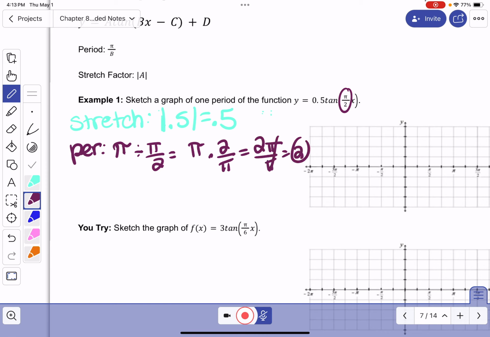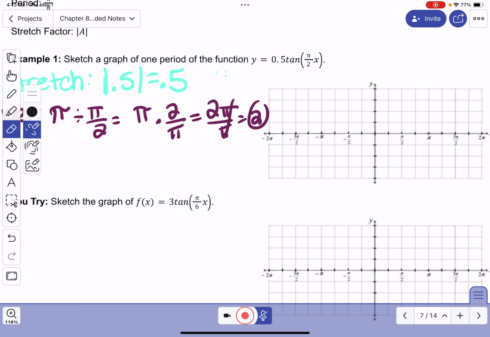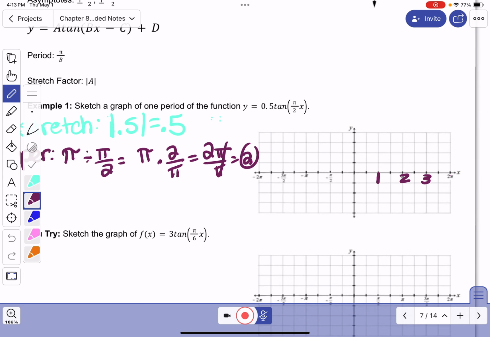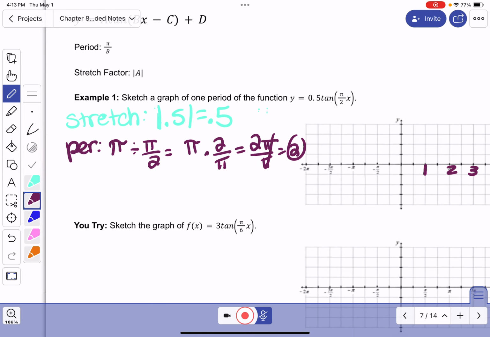or 2. So since our period's 2, I'm going to change our numbers. So I'm going to go 1, 2, 3, 4, like that. The way the period works for tangent is you're going to divide that in half. So we're going to have 1 unit on each side.